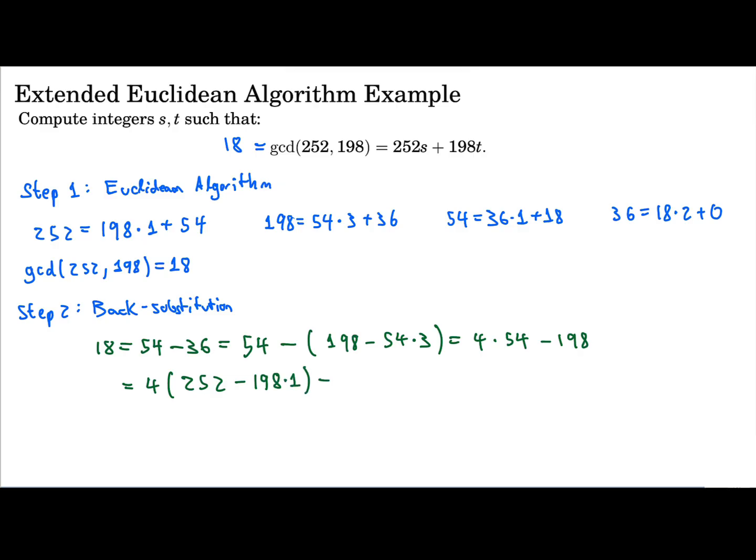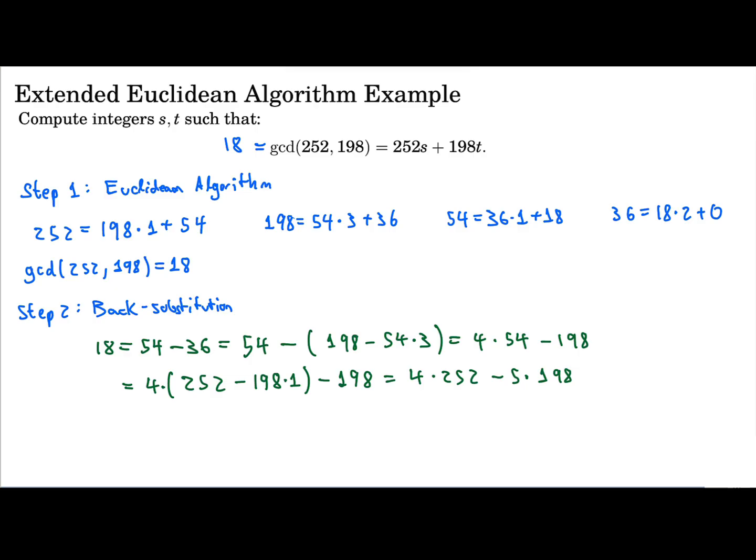minus 198. And so if we write this out, this is going to be 4 times 252, and then we're going to have minus 4 times 198 minus 198, which gives us minus 5 times 198.